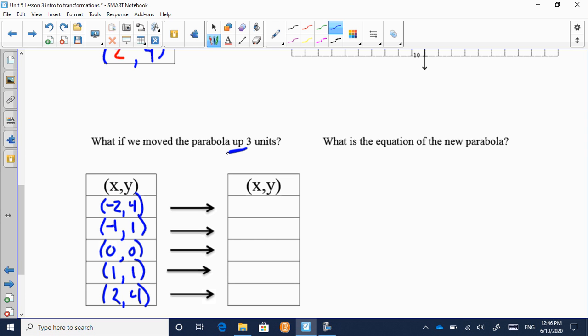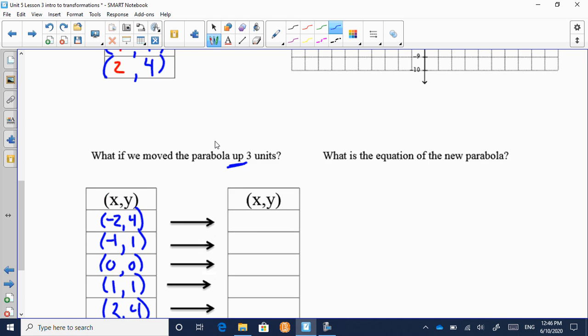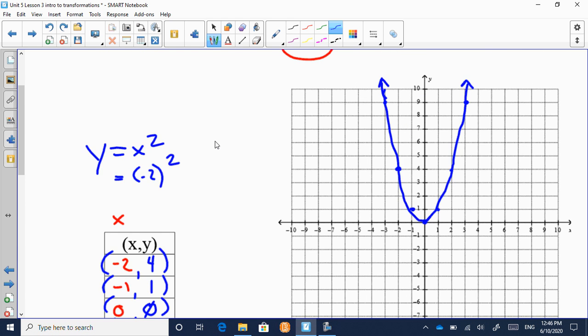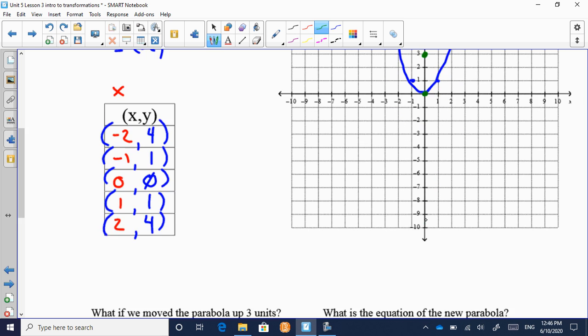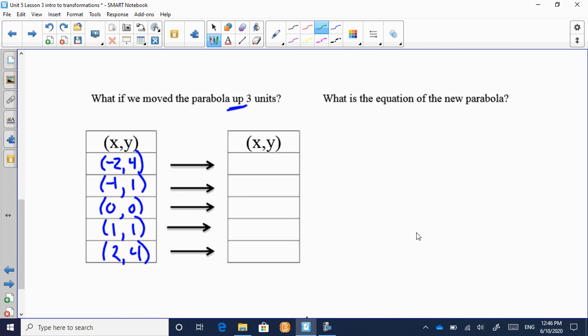Are we changing the x's or the y's? Well, we learned earlier we changed the y's. So watch this. I'm going to do it in green here. If I move the vertex up 3, 1, 2, 3. So now my vertex is 0, 3. So look at this. My vertex is 0, 3. But really all I'm doing is adding 3 to every one of my y's.